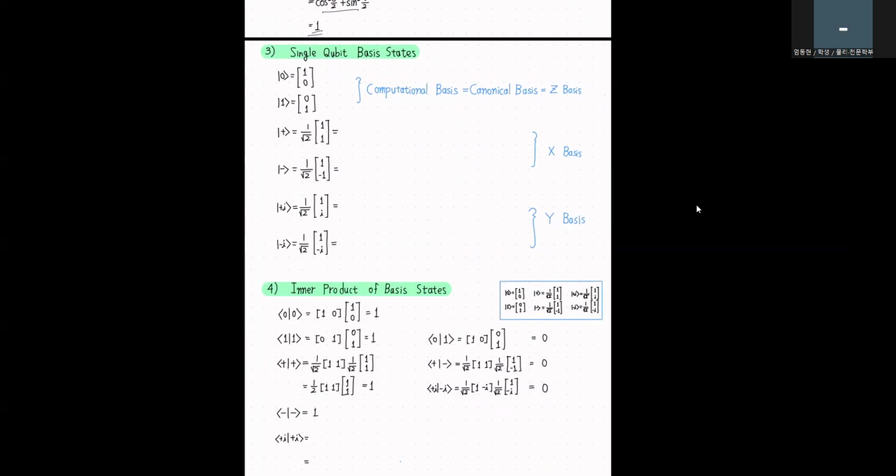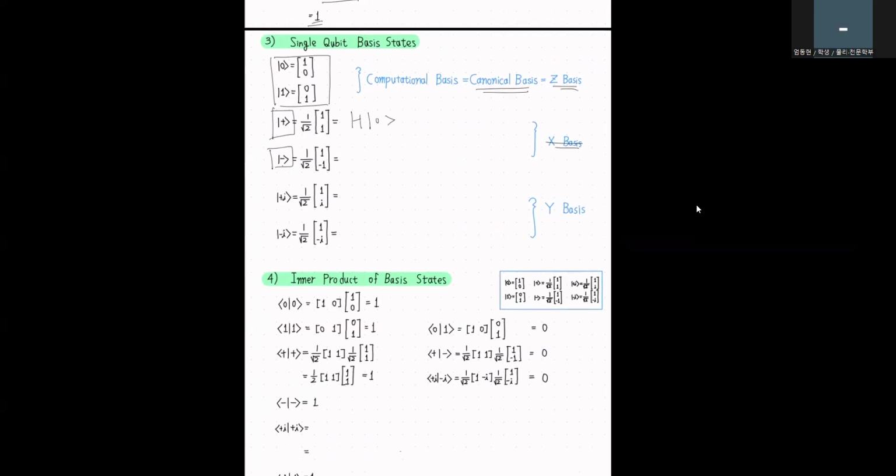We tend to refer to the 0 and 1 states as the canonical basis or the Z basis. But you may have different bases, such as the plus basis, which is the X basis, and these are formed by simply applying what's called the Hadamard gate to the computational basis states.